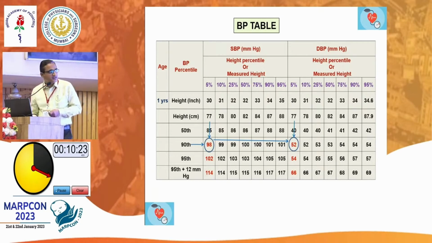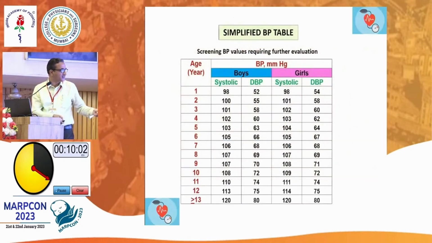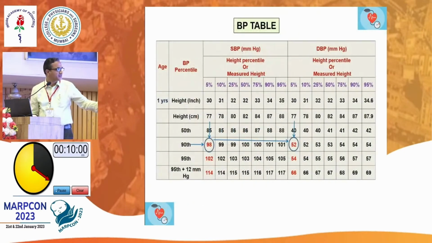So first thing is record the blood pressure of the child. Second step, record the height of the child. Then select gender appropriate charts, because the BP table is different for boys and different for girls. Then find out the age of the child. The next step is to draw a horizontal line across the table beginning from the 90th percentile value, from the proper age category.